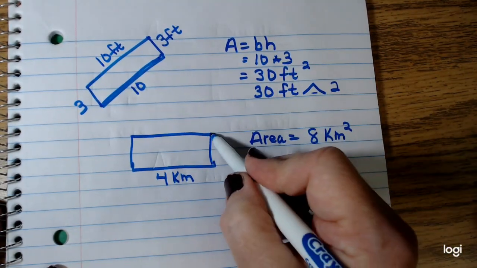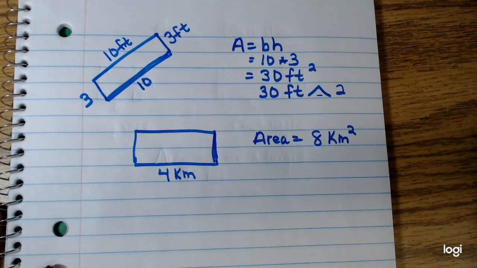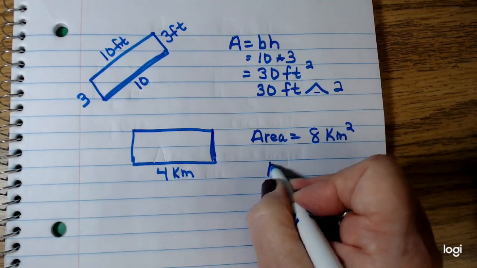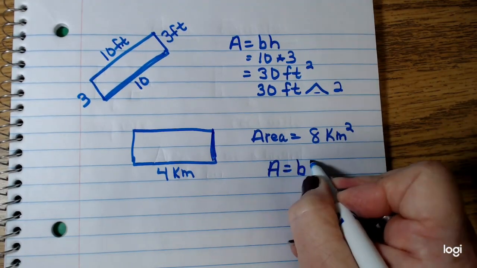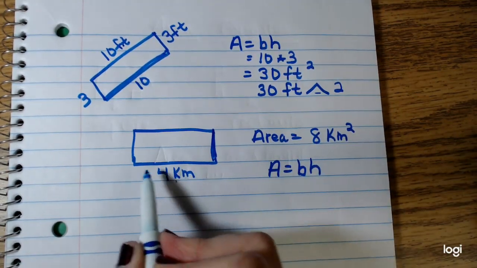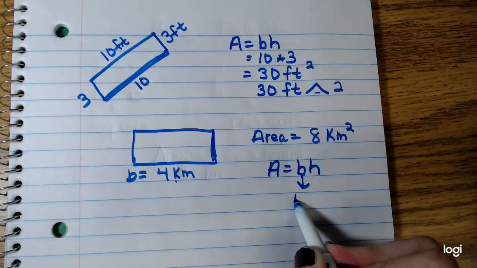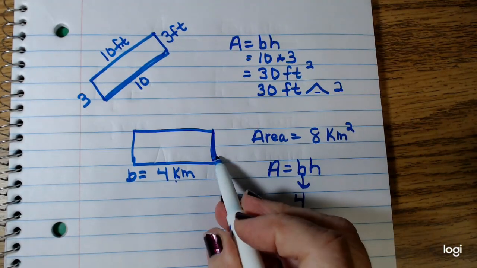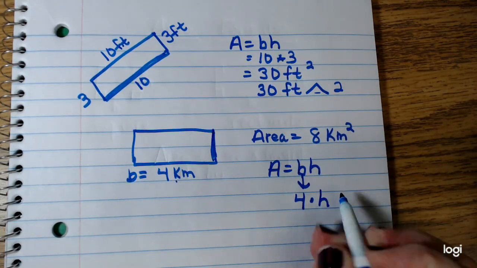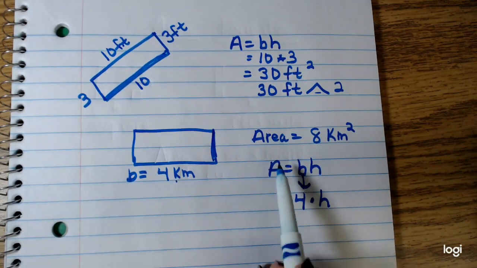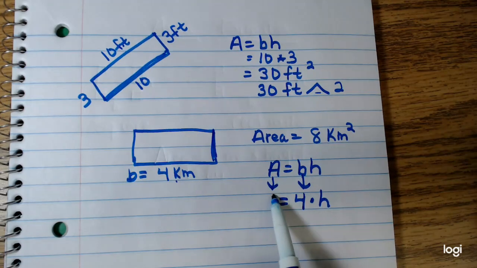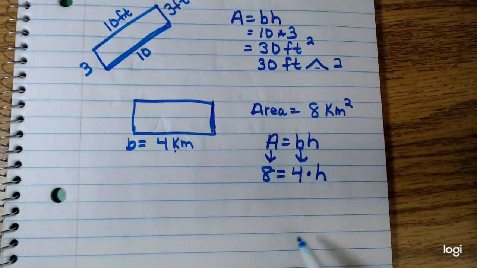Can you tell me what the height is going to be? Well, once again, I know the formula is area equals base times height. I know what the base is, so I'm going to put that in here for the B. I don't know what the height is, so I'm going to leave that as an H. But I know that the area is 8. So I bet I can solve this problem.